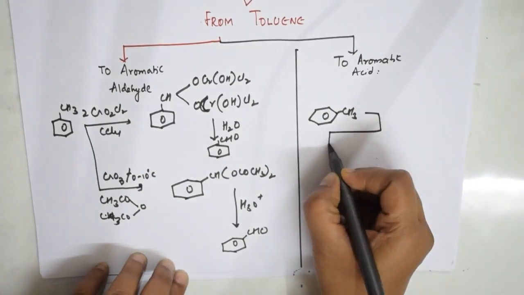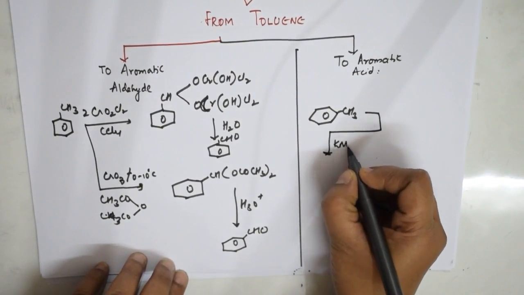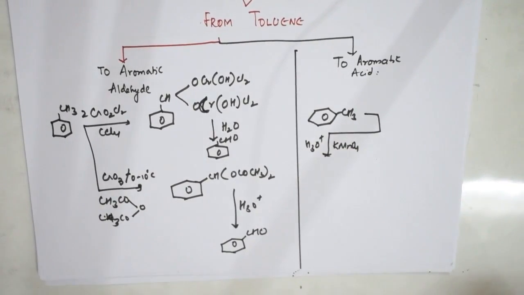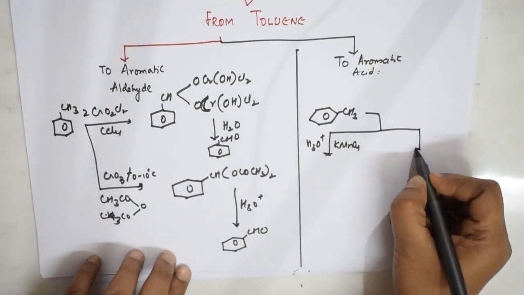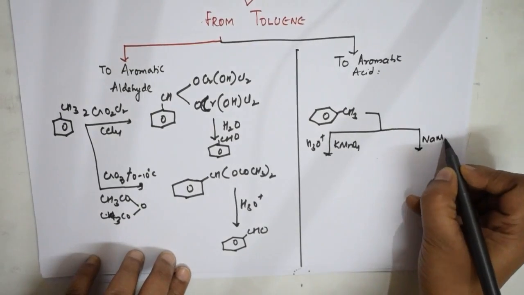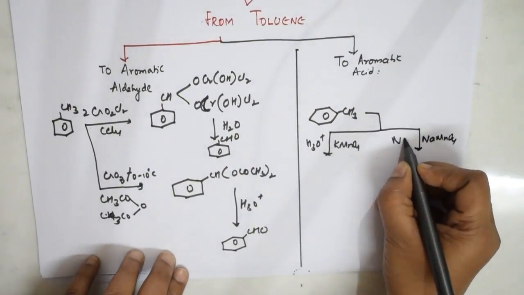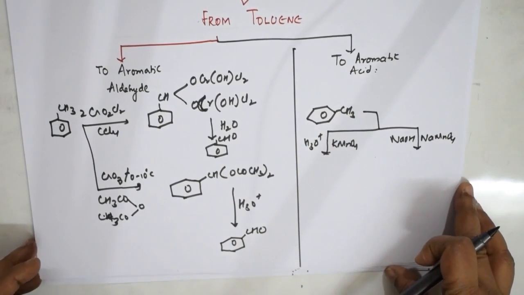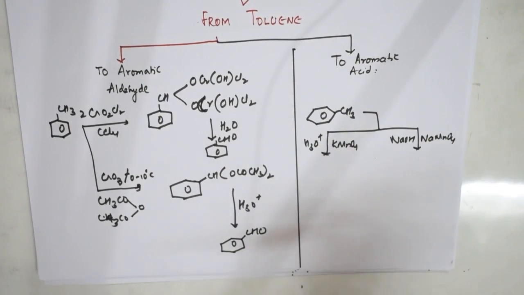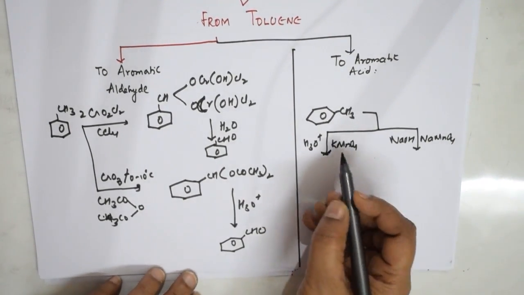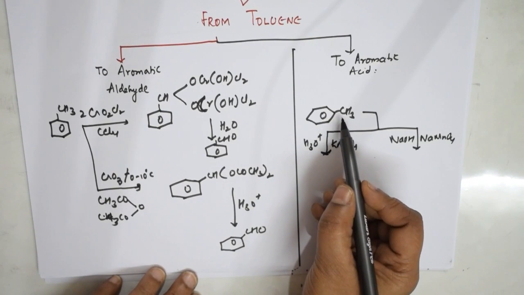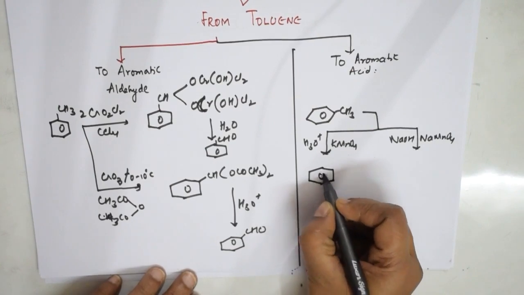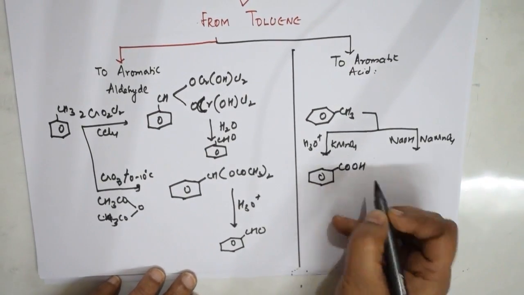One is KMnO4, an oxidizing agent, in an oxidation process, and I can also use KMnO4 in the presence of sodium hydroxide. What is the role of this? I have explained in the earlier videos. Please watch it. So with the oxidizing agent, irrespective of the size of the alkyl group, you will be getting acid only.